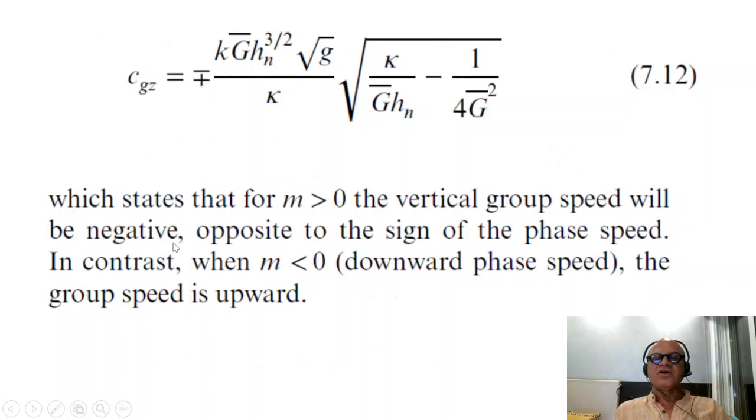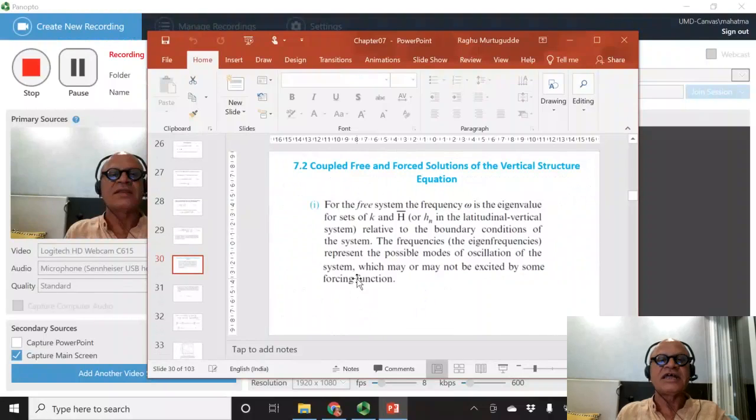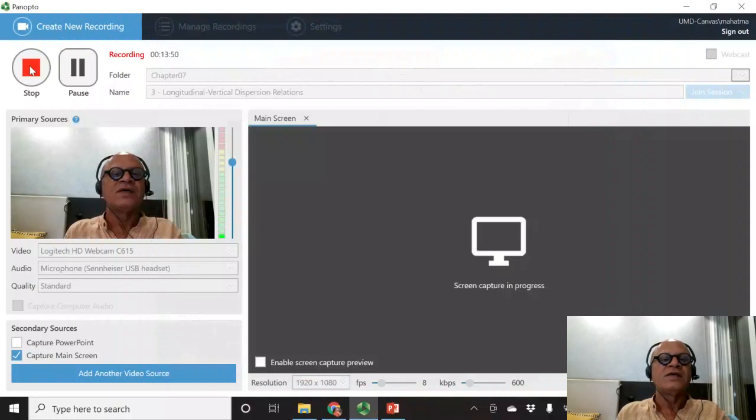Okay, so that's the complicated looking group velocity, which states that for positive vertical wave numbers, or upward propagating waves, vertical group speed will be negative, opposite sign of the phase speed, and when m is less than 0, you will get group speed going upwards. So you also have to consider the case of what happens if the waves are forced somehow at the surface. So we'll see that later on. Okay, very good.